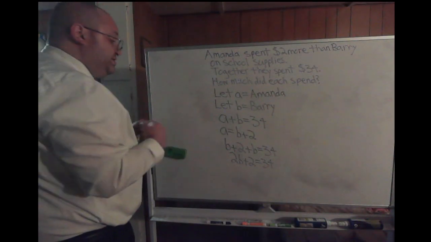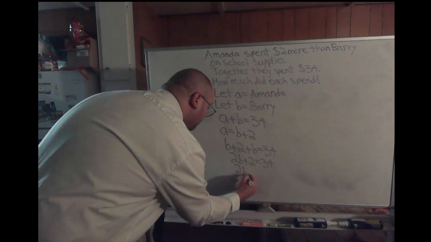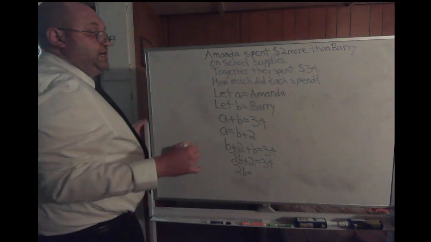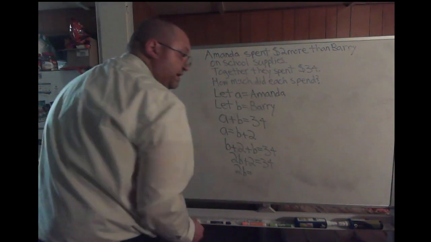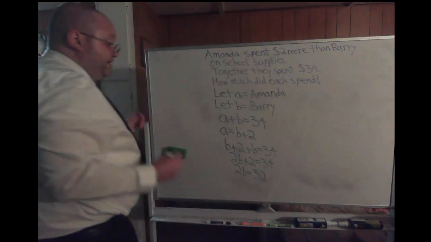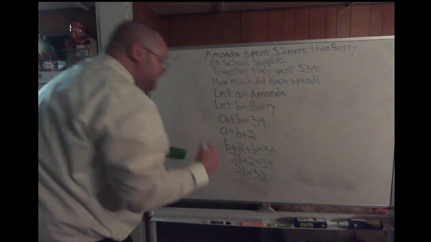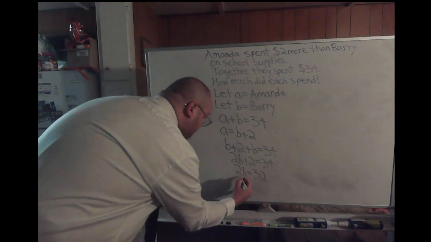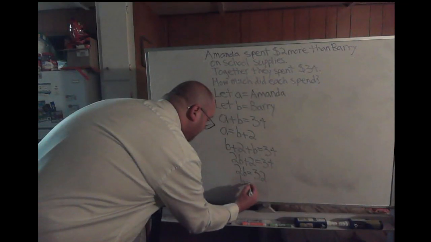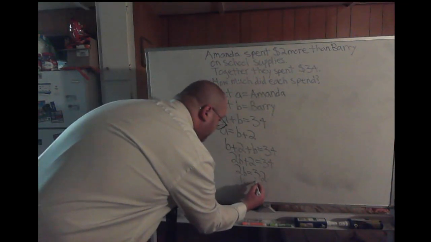We got to subtract 2. We do that to the left side, you'll in fact get 2B. But what you do to the left, you got to do to the right. 34 minus 2, that's 32. Well, we have 2B equals 32. We just want to get B. You got to divide by 2. Divide the left side by 2, you'll just get B. Divide the right side by 2, 32, you'll get 16.